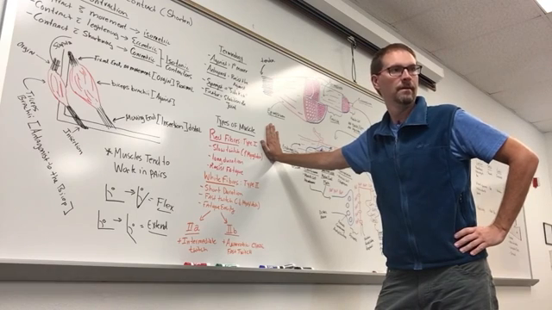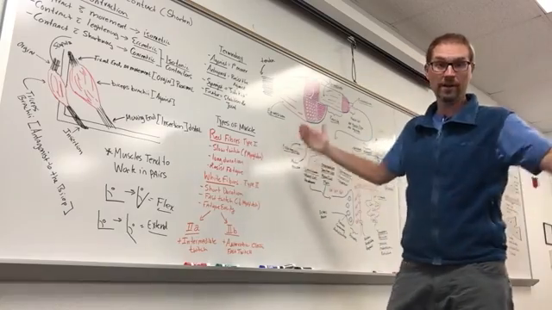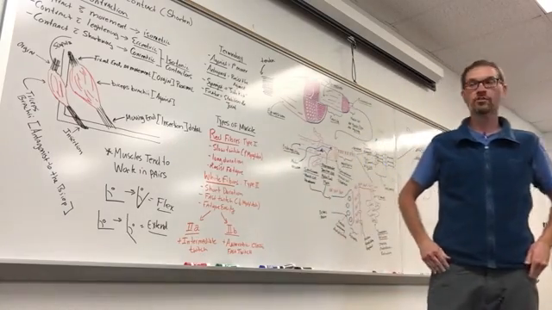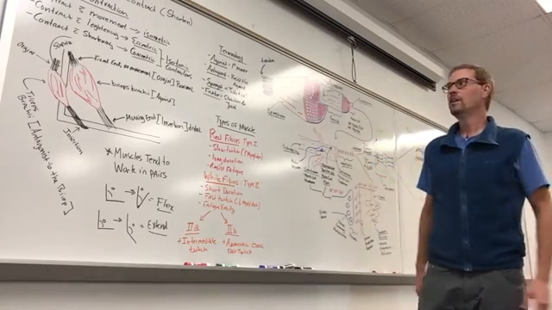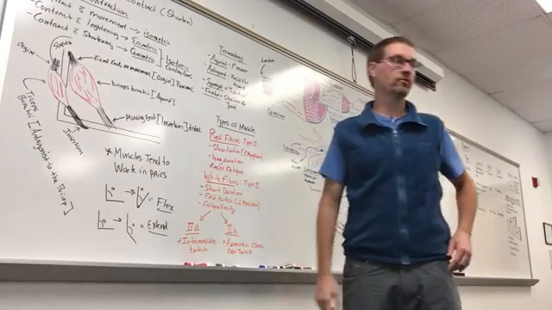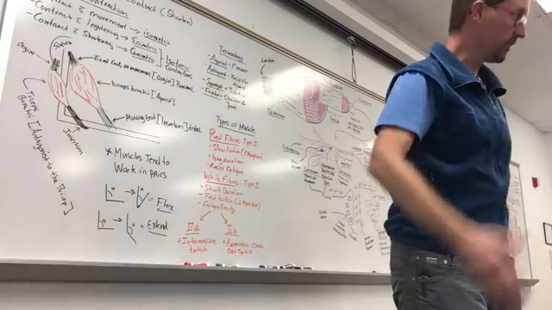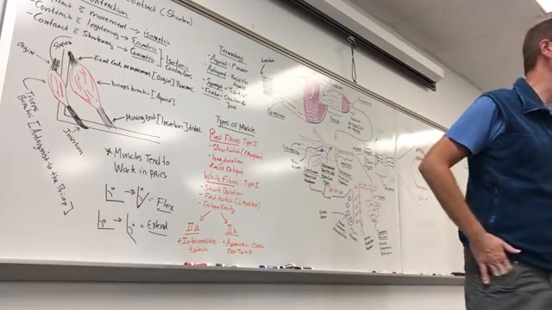Is the wall moving really? No, not really. So I have muscles contracting, but I don't have any notable movement going on. When you have contraction without movement, we call that isometric contraction. Isometric contraction is a contraction where you don't have any significant movement occurring.